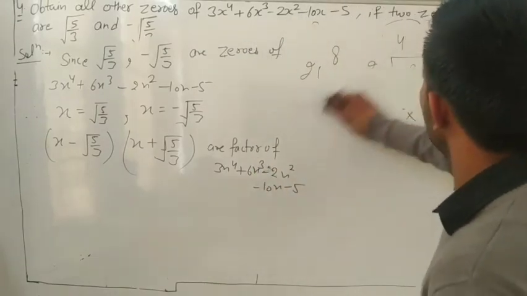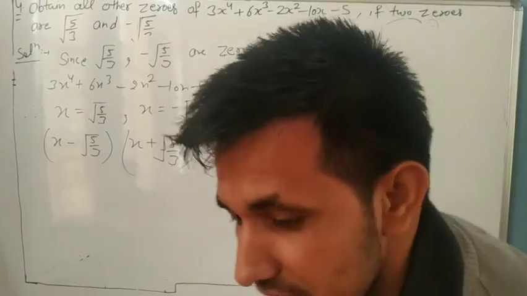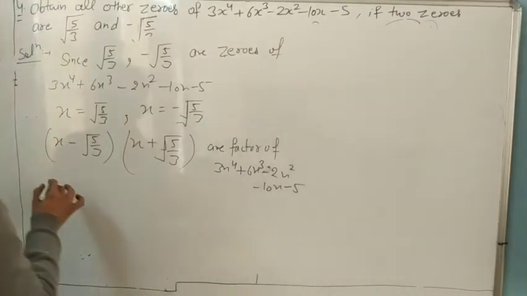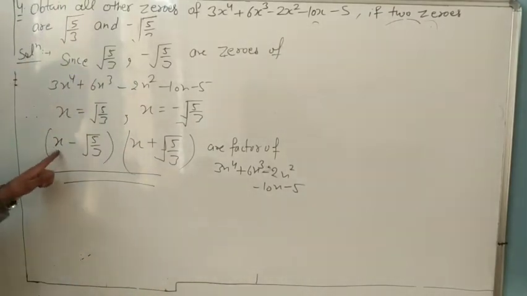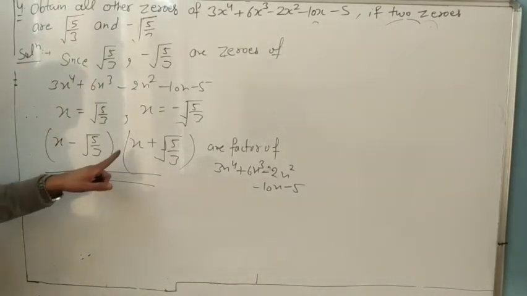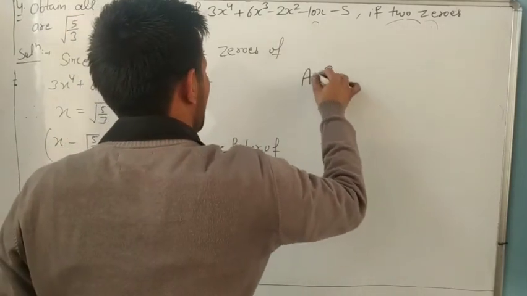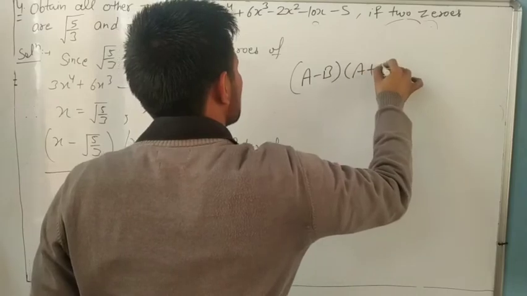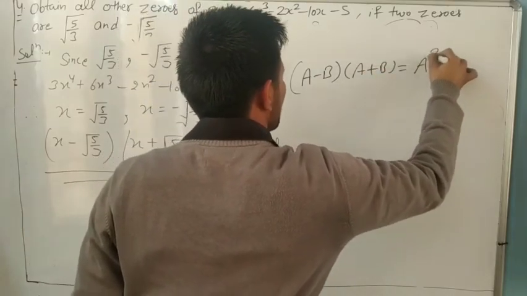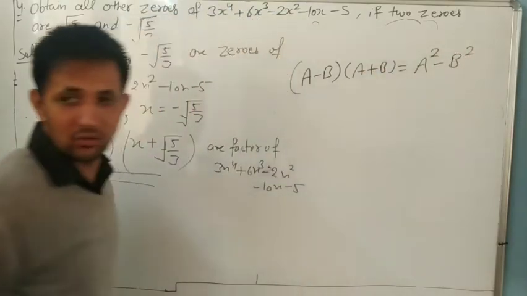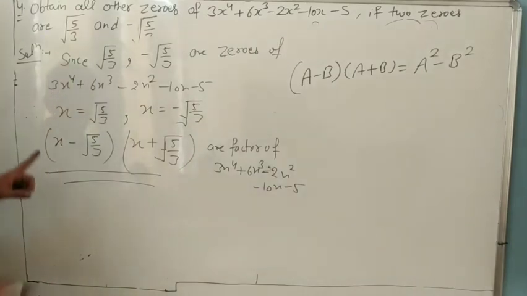But before it, you have to remember, this is the formula of which one? A minus B, A plus B. Everyone knows, A minus B into A plus B is always equal to A square minus B square. You can note down in your notebook also. So what is A?